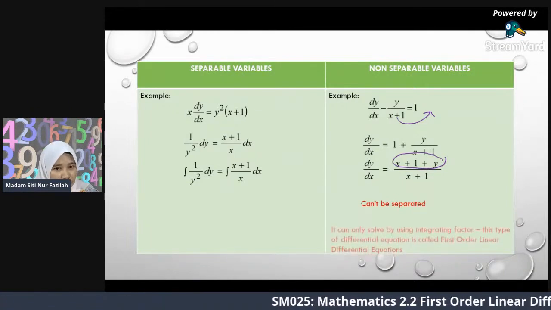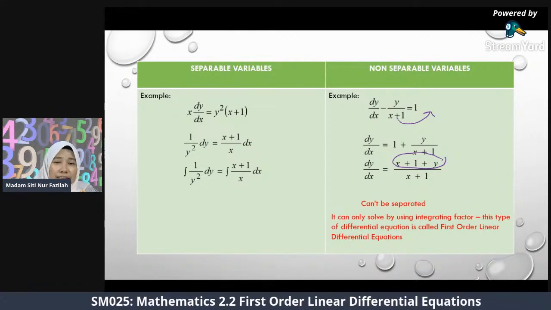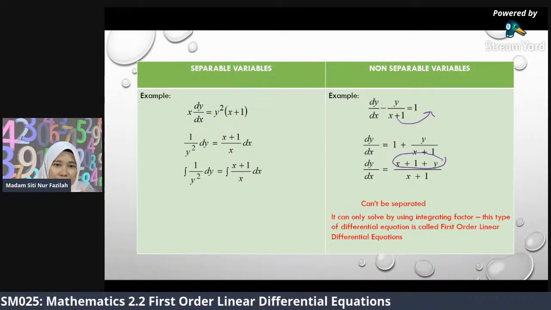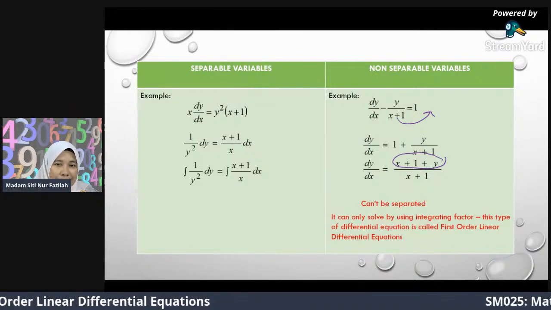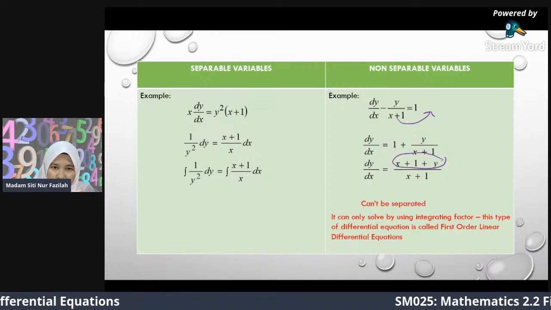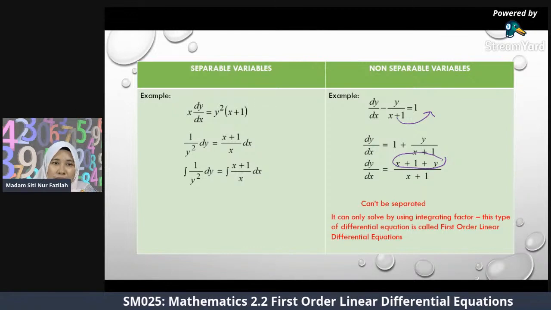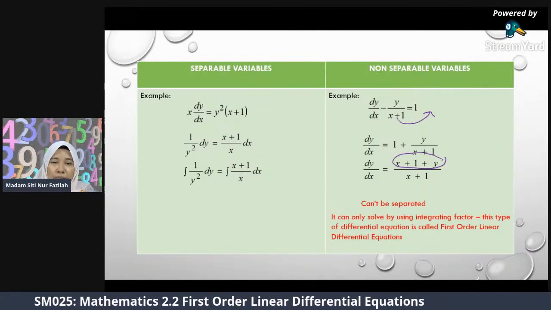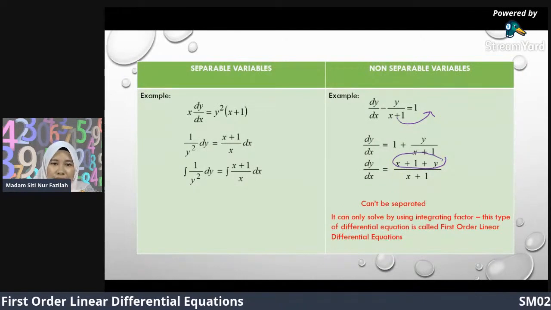What should we do? It can only be solved by using an integrating factor. This type of differential equation is called first order linear differential equation. For an equation that cannot be separated, we have another method, which is using an integrating factor.